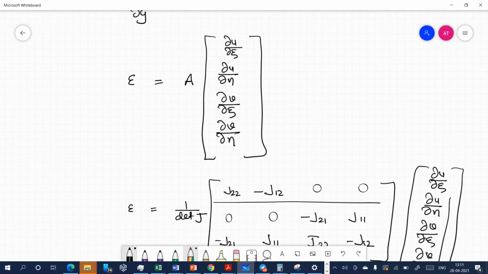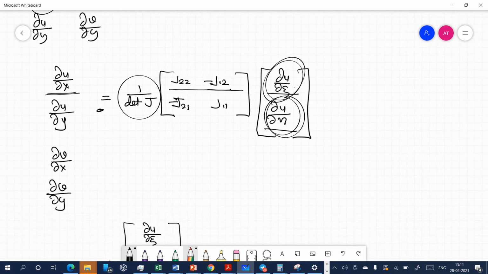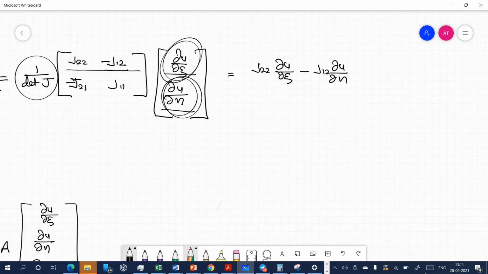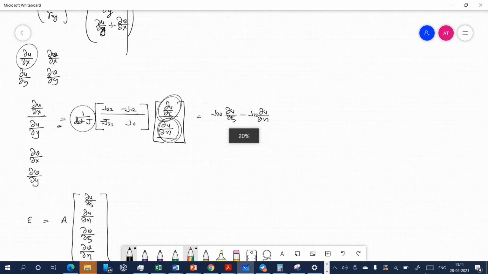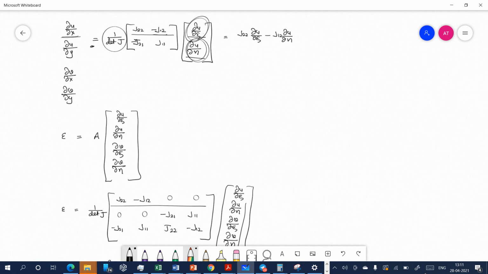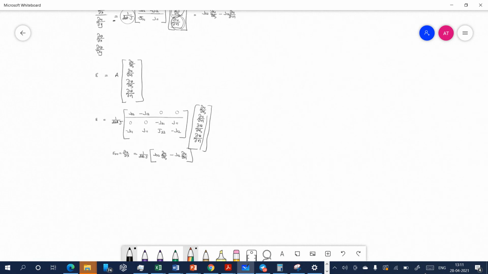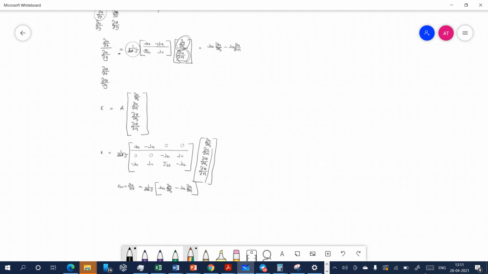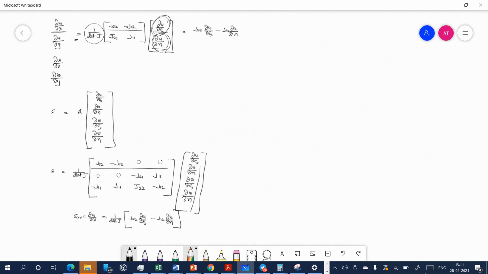And aren't we getting the same thing from here? We are getting J22 into del u by del zeta minus J12 del u by del eta into, of course, determinant of J is there. So aren't we getting the same thing? So you see, this and this are same.